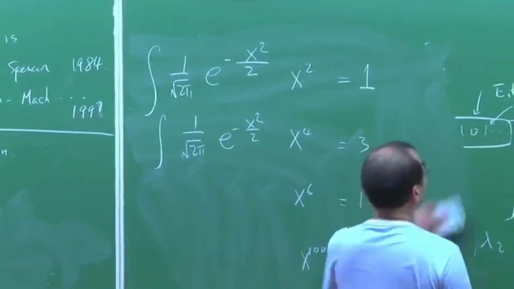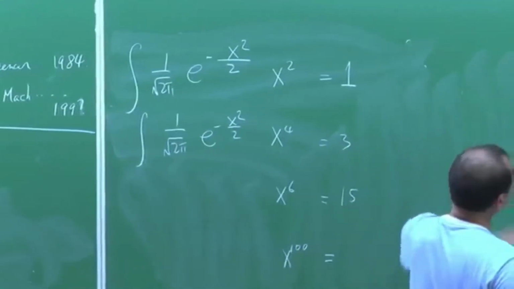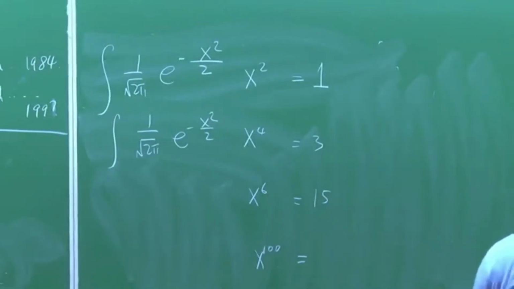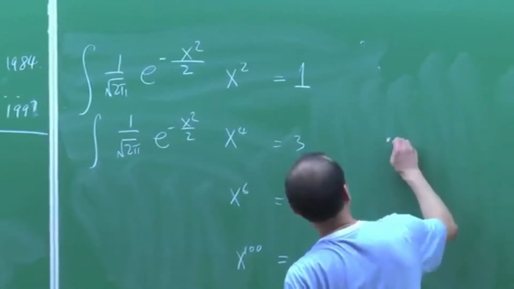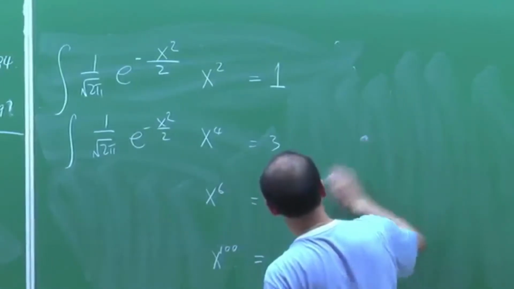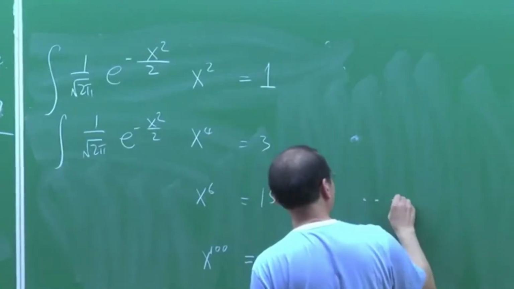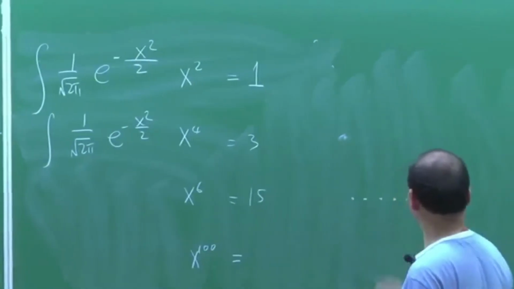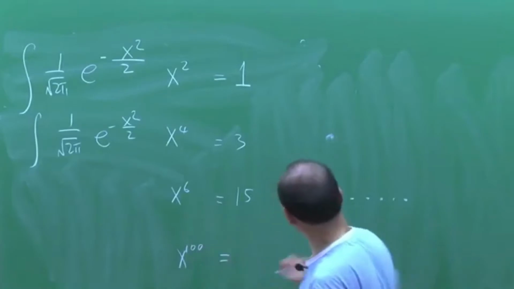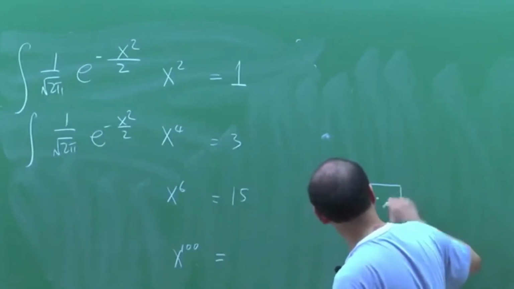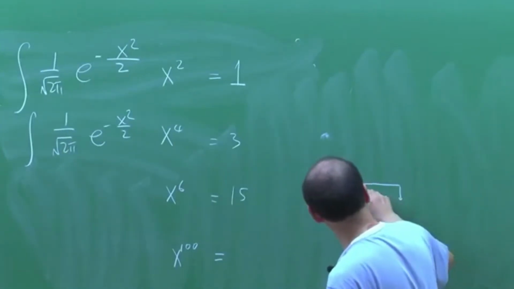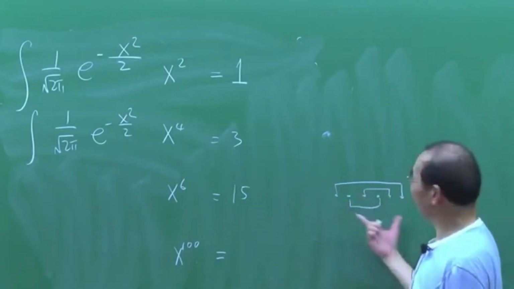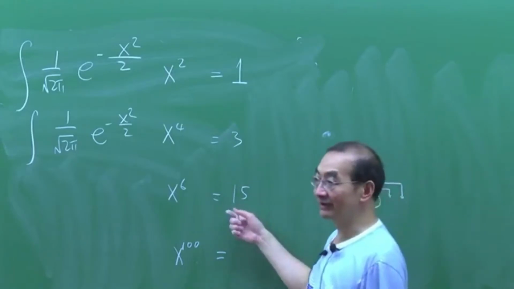So the rule for Gaussians is the following. For x to the 6, there are six factors, 1, 2, 3, 4, 5, 6. What you do is form pairings, and then you count how many ways you can pair them, and the pairing count is this number.